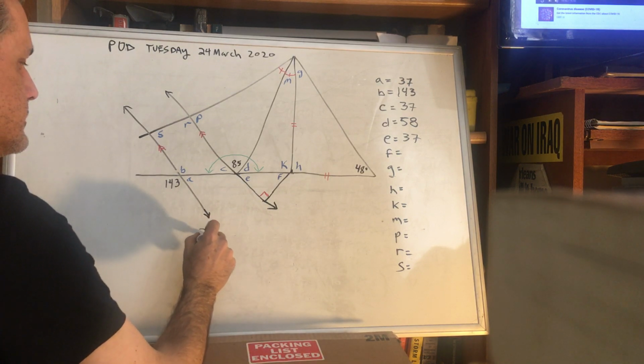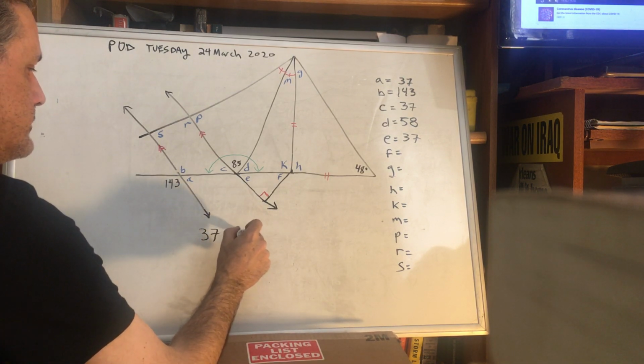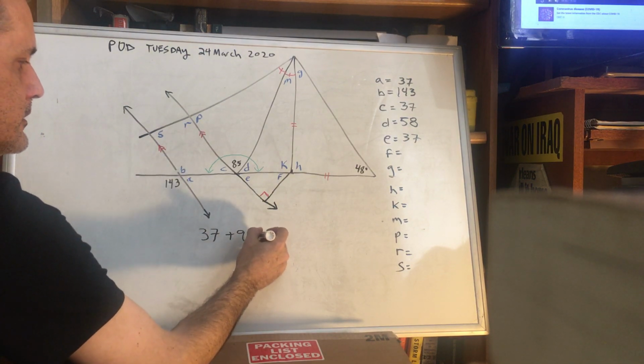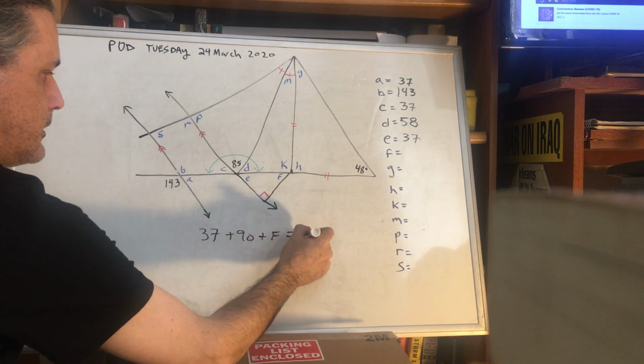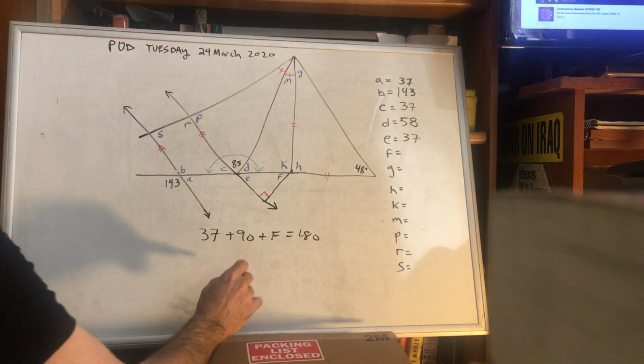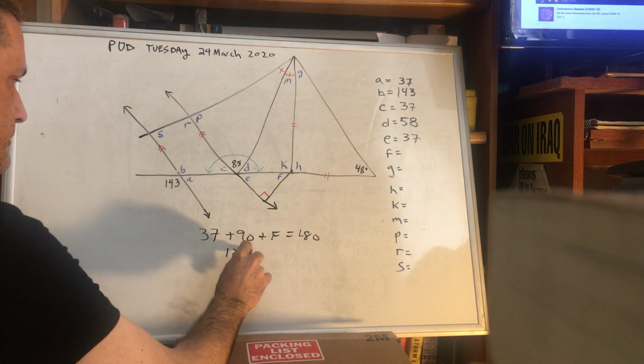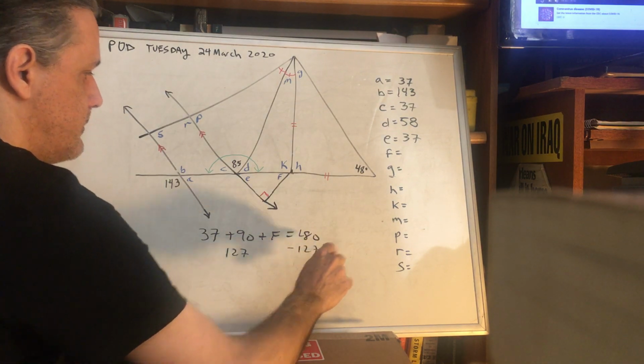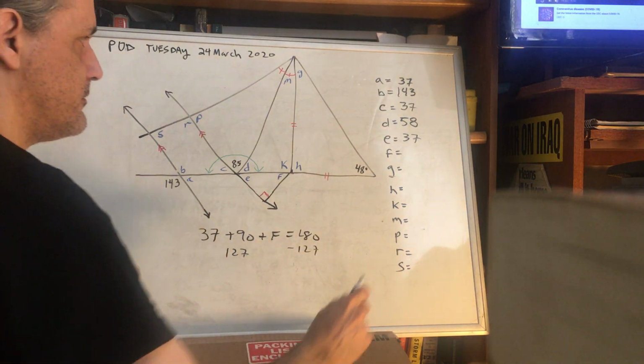So we got E, 37, plus the 90, because that symbol means 90, plus the angle F adds to be 180. Alright, so this is 127. So we subtract 127, which would be 53.